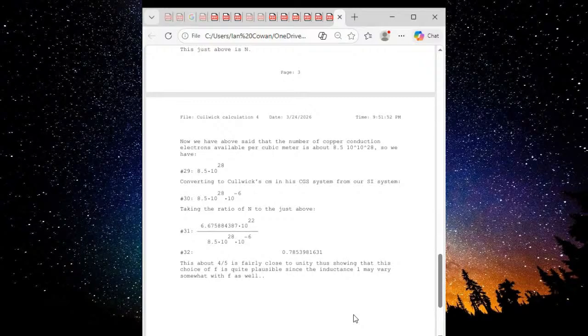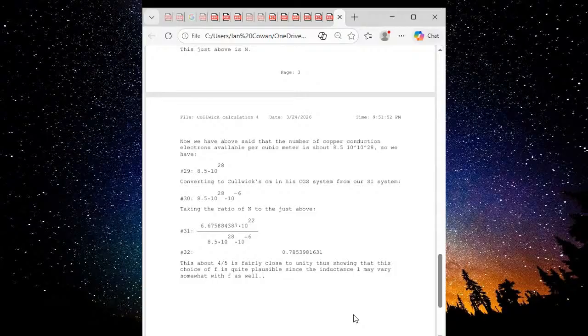We'd already computed F as about 10 to the 10th, and now that value of F gives us basically the right answer here for the fraction of conduction electrons to free electrons available for conduction.